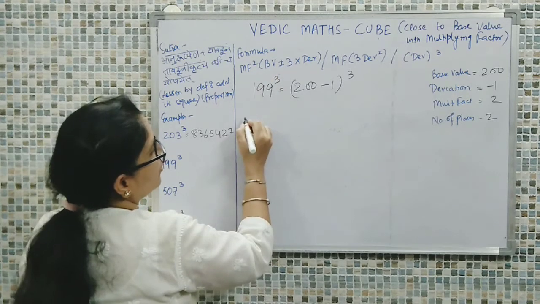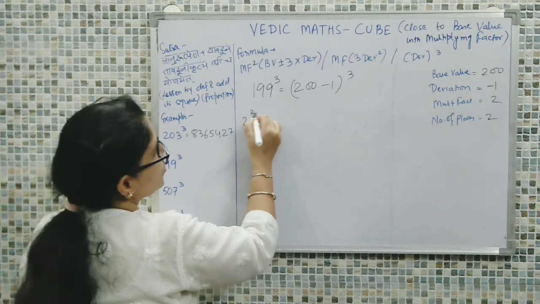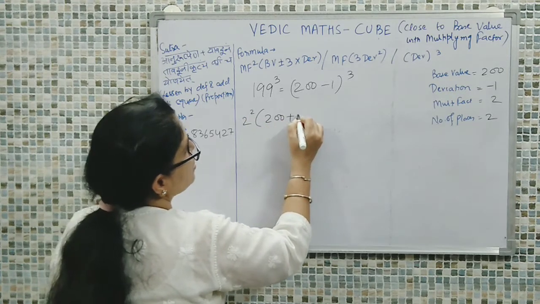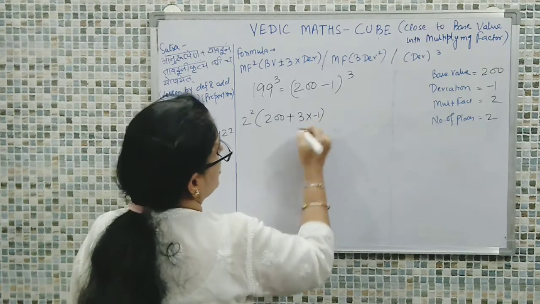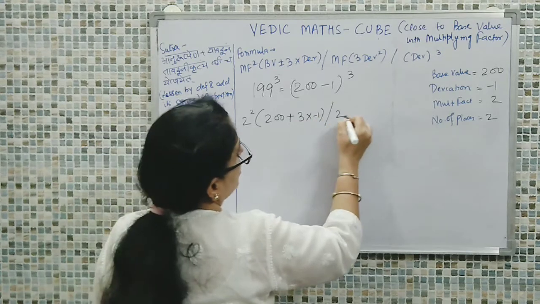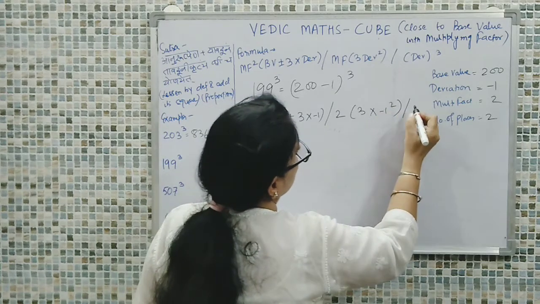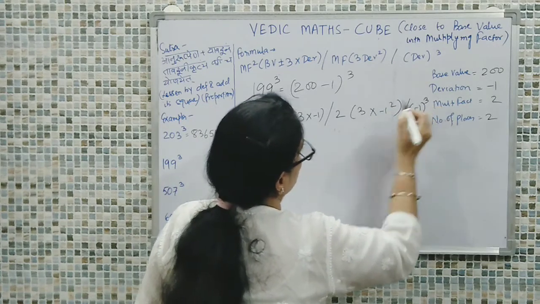Multiplying factor square, so we have 2 square, times the base value 200 plus 3 into minus 1. Next, multiplying factor 3 into deviation square, and the third is deviation cube.